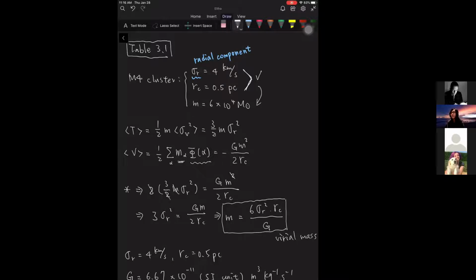And so apart from calculating the mass of a gravitationally bound object, actually the more widely used way of the virial theorem is this: we can measure the mass of an object in many different ways.